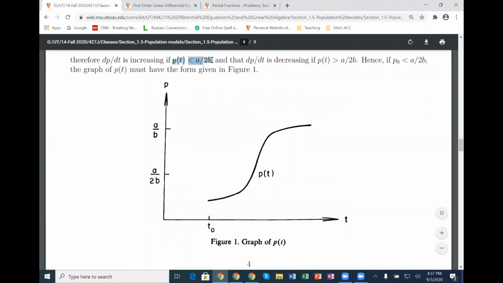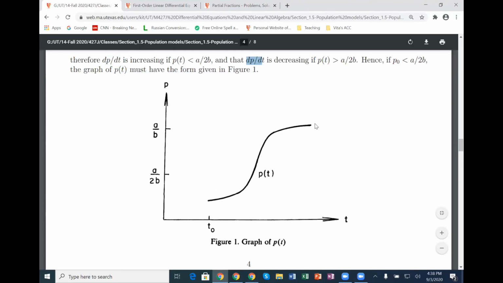Over here means this part. The first derivative is increasing, means the graph is concave up. Starting from this point and up to A over B, the second derivative is negative, means the first derivative is decreasing. The function is concave down.